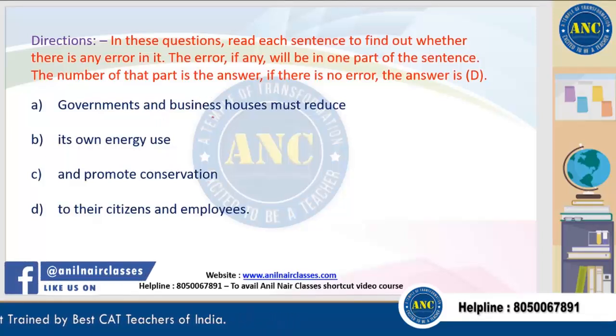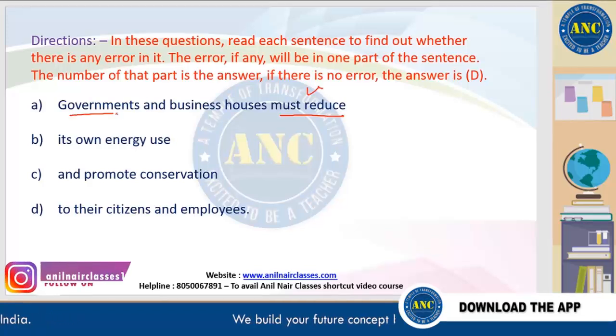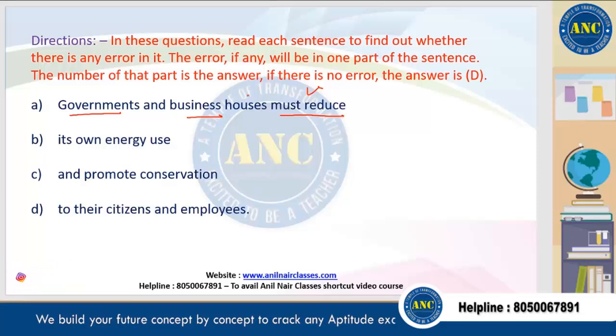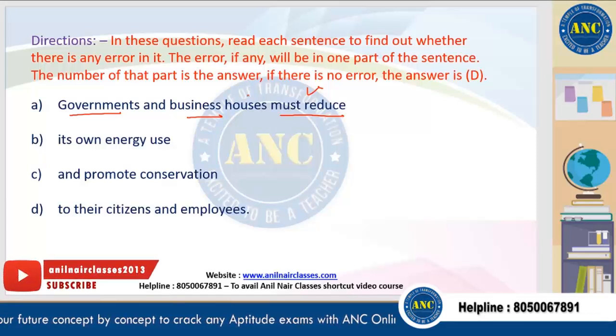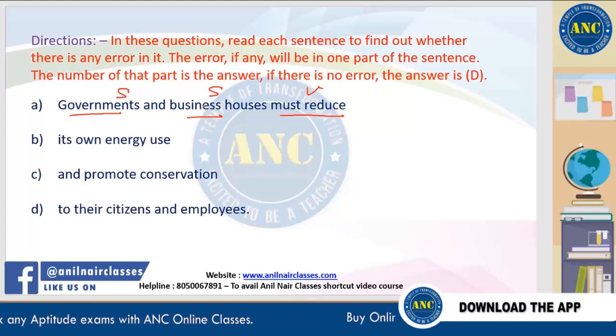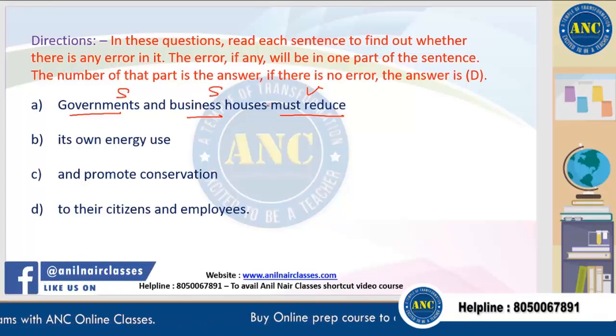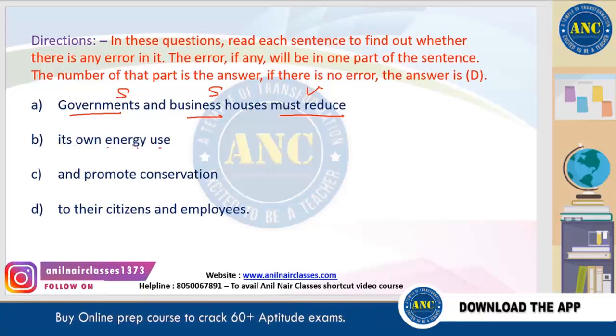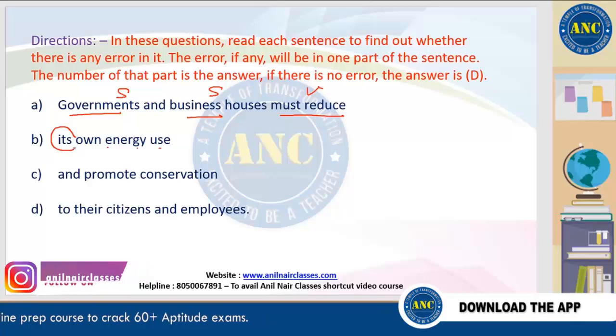Next one. Government and business houses must reduce. So who must reduce? Governments and business houses. So governments and business houses is what kind of subject? They are the compound subject. That is subject number 1, subject number 2. Two subjects are there. So obviously a plural noun or a plural pronoun is needed. Its own energy use. Now this its is referring to whom?